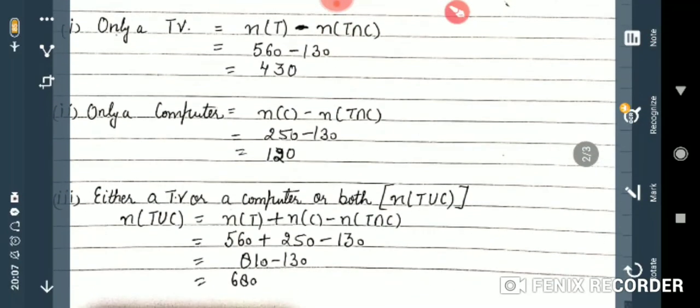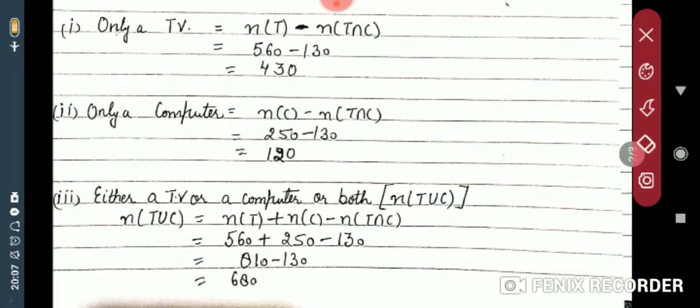Now the next question is, either a TV or a computer or both. They should like TV also, computer also, both also. So this quantity is in which? T union C. So n(T union C), you know very well, n(T) plus n(C) minus n(T intersection C).